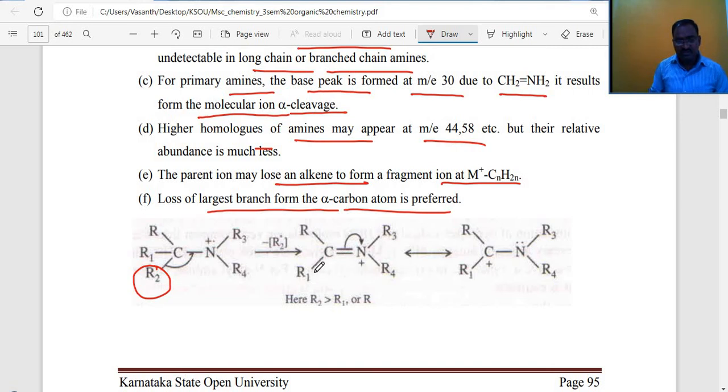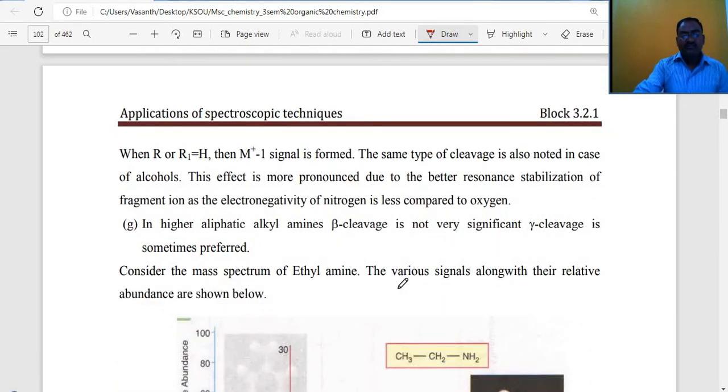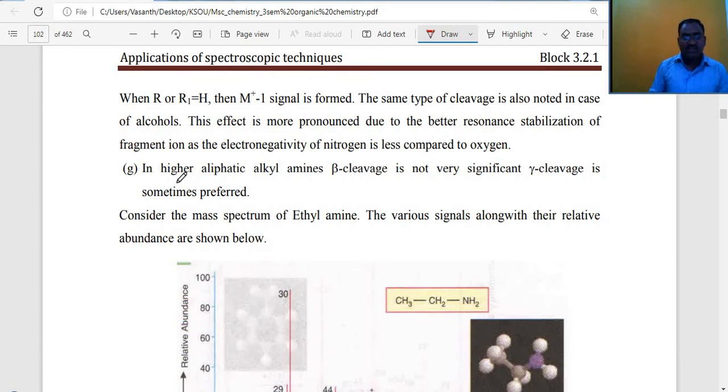R1, R3, R4 remain, and R2 is eliminated like that. In higher aliphatic amines, beta cleavage is not very significant. The alpha cleavage is sometimes preferred.